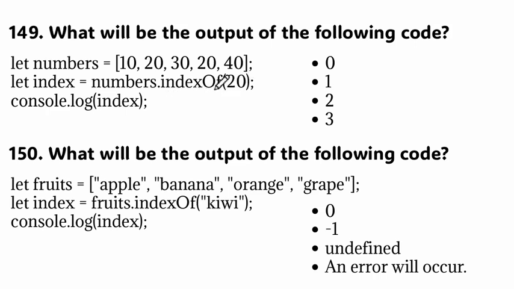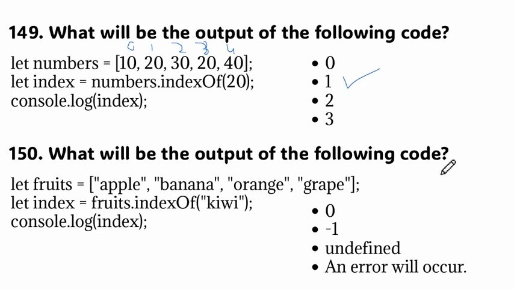You can see dot indexOf, and inside the parentheses I have used 20. So the indexOf operation is used to find the index place of the particular value that you have given inside the parentheses. Here we can see that the 20 is placed at 1. This is index 0, this is index 1, 2, 3 and 4. So 20 is placed at index one, so the output will be 1.